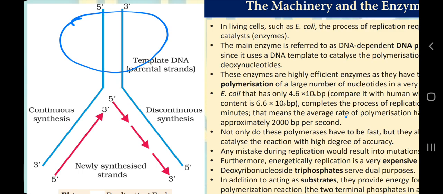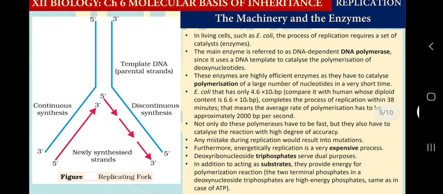And this DNA unwinds here by breaking the hydrogen bonds, and in this very simple diagram showing unwinding of DNA, we can spot a fork-like structure, and that is why this portion is called the DNA replication fork.